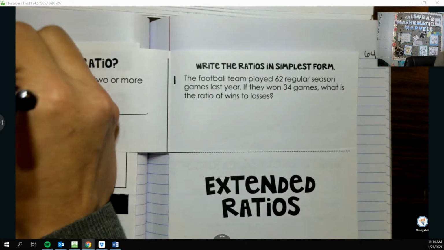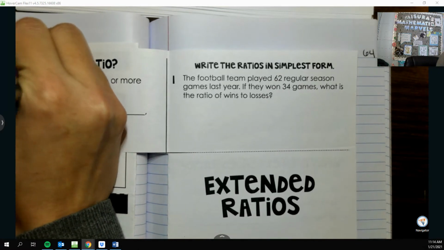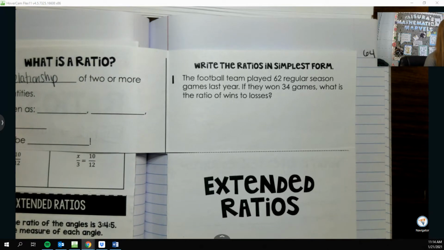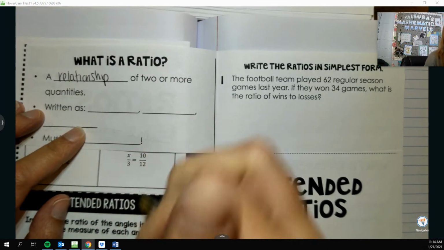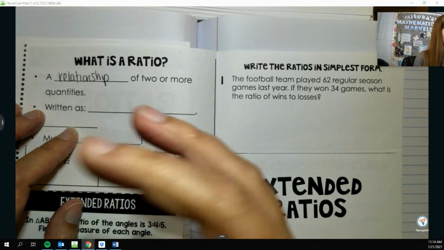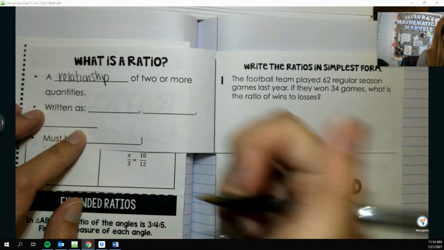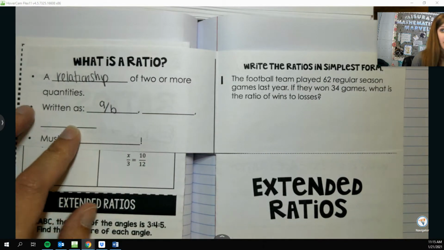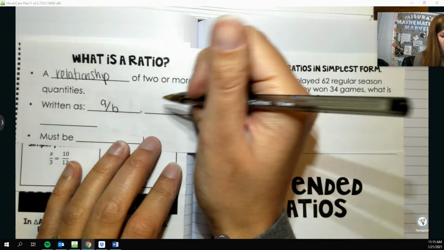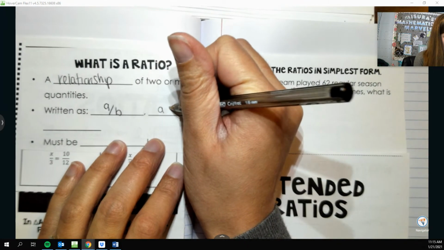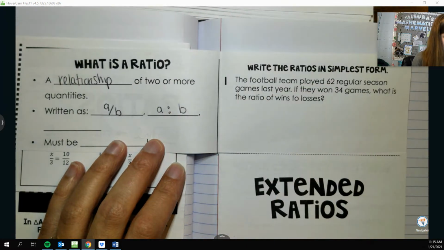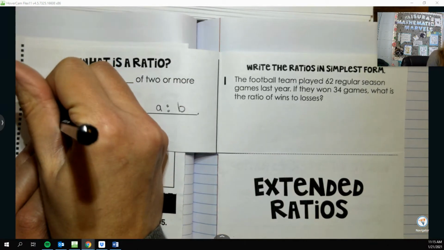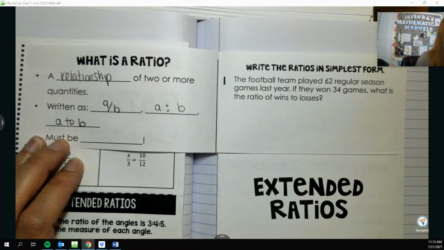So a ratio is a relationship of 2 or more numbers or quantities. It can be written a couple of different ways. The way that I prefer is as a fraction, so like A over B. But a way that you may have seen before is where we use a colon, so A colon B. Or if you're just going to write it out in words, sometimes we just say A to B with the word to in between.